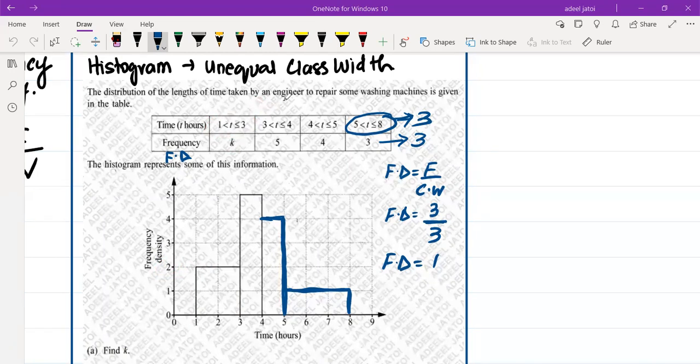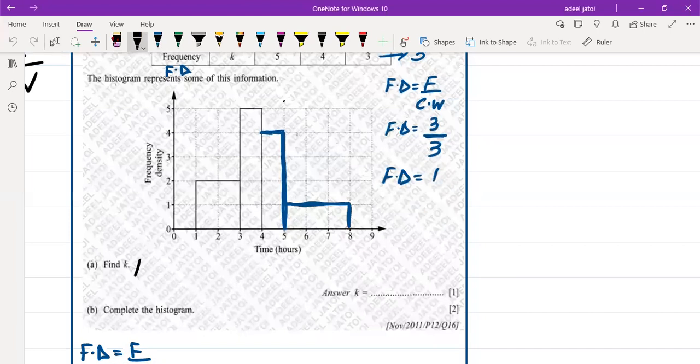So if we need to find the value of K, what are we going to do? We write down the formula: frequency density is equal to frequency upon class width. Your frequency density is 2. Your frequency is not known, so that is your K, whereas your class width from 1 to 3 will be 2.